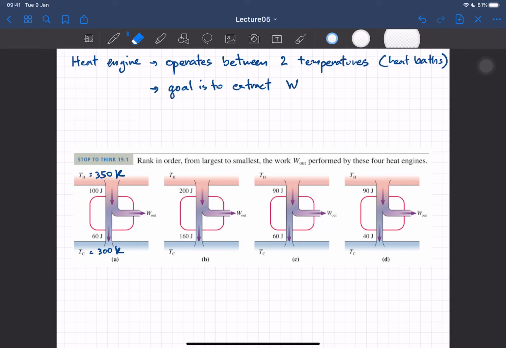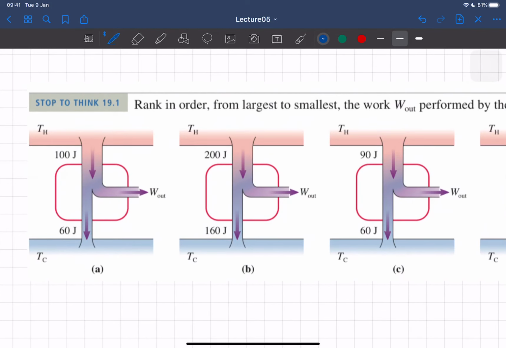Okay, but it's not specified here. But what we are seeing here is that in order to extract work, W out here, which is again what we want, we need to suck some heat from the hot side. So that's going to be 100 joules here.